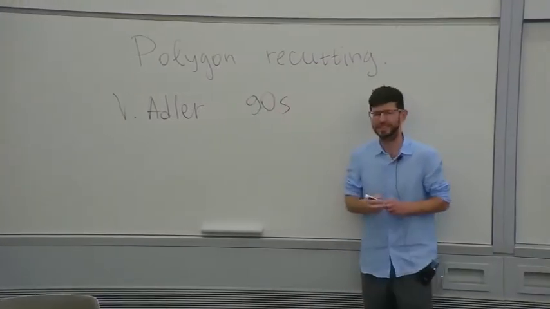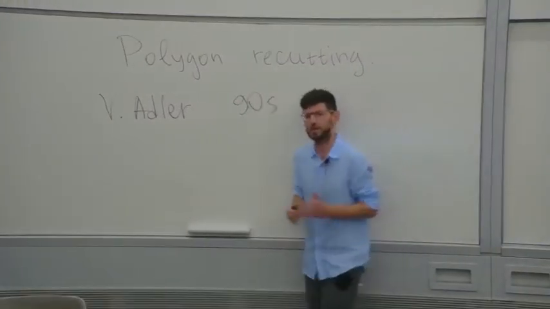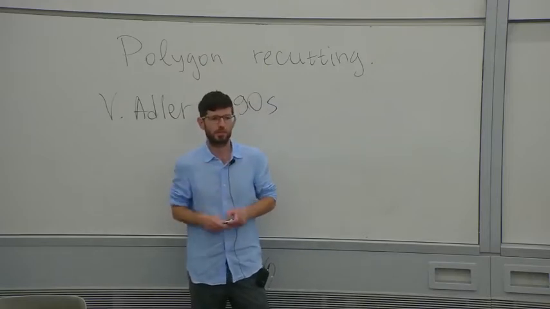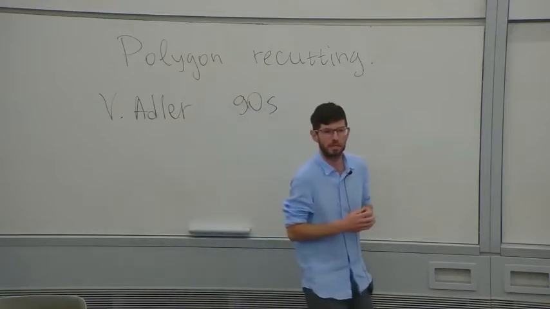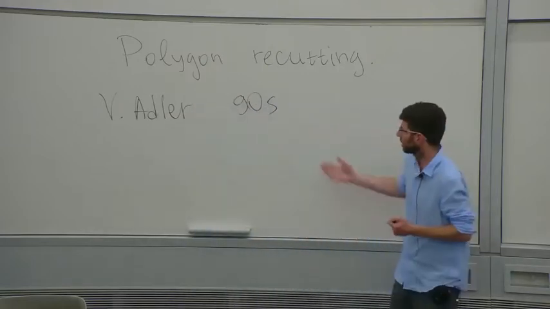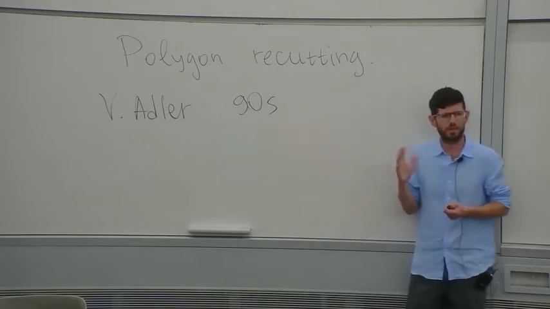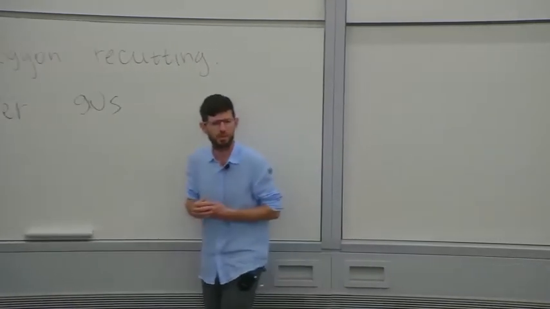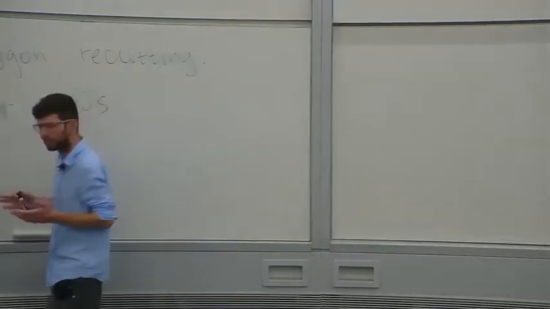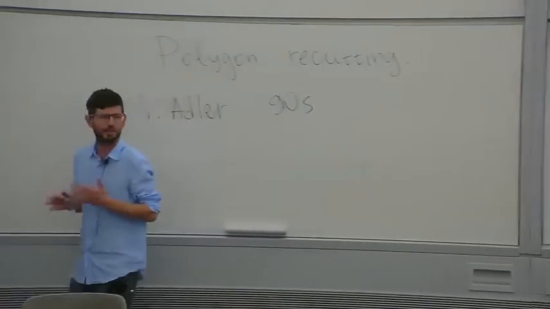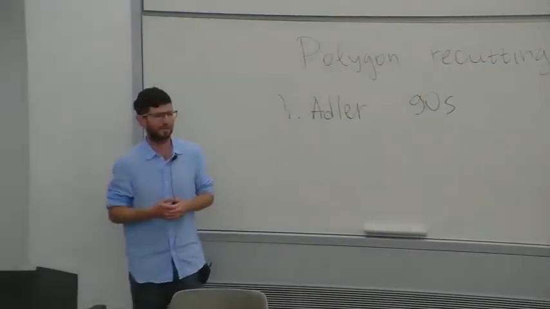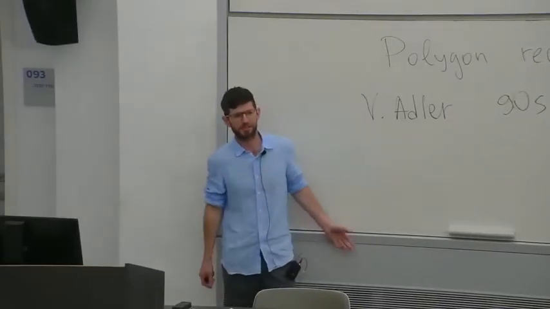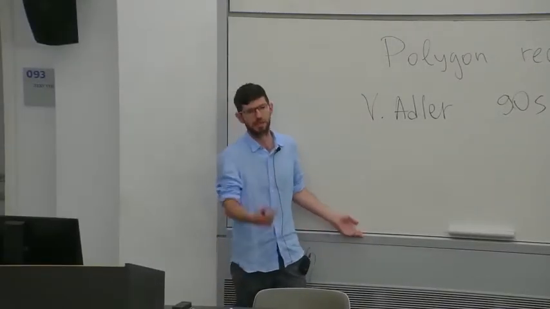It somewhat resembles the pentagram map that Misha Shapiro was discussing yesterday, and it was introduced at about the same time. But for some reason, I'd say it's much less popular and much less known, and I think that's a little unfair. I hope to convince you that it's probably as fundamental as the pentagram map.